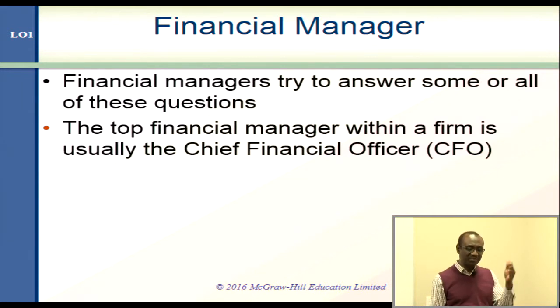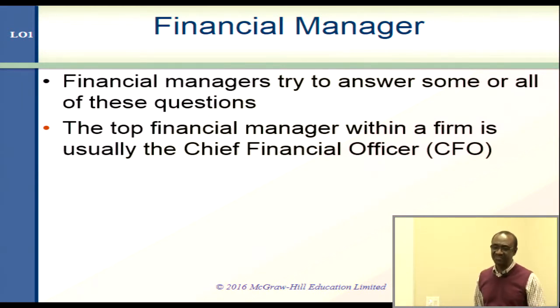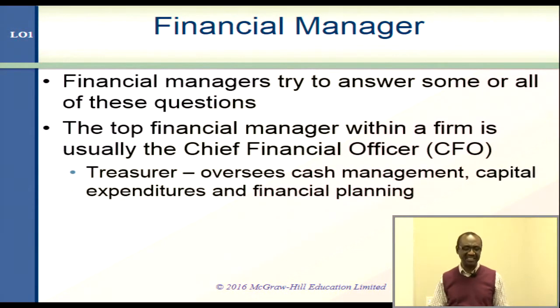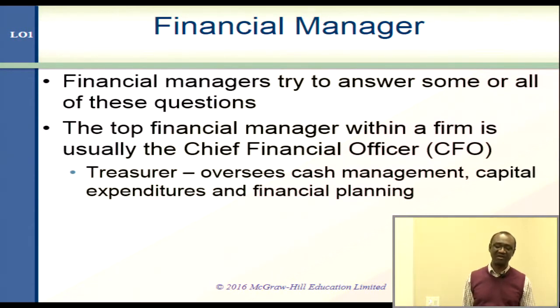And below the chief financial officer, we have the treasury or the treasurer. The treasurer, of course, oversees the cash management, the capital expenditure, and also financial planning of an organization. That's directly below the chief financial officer. And below him, we also have the controller.